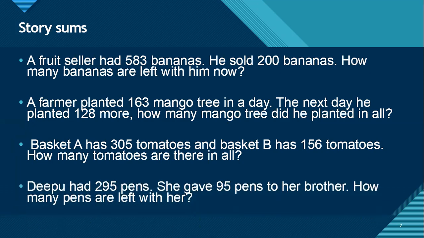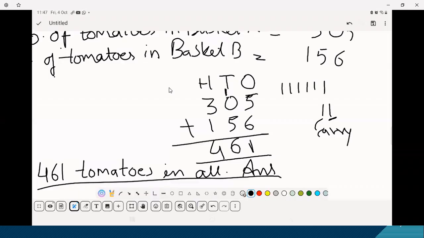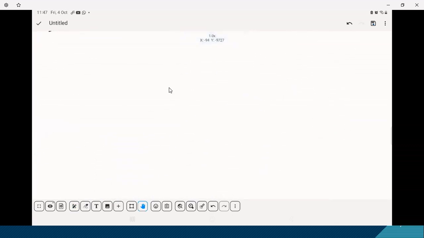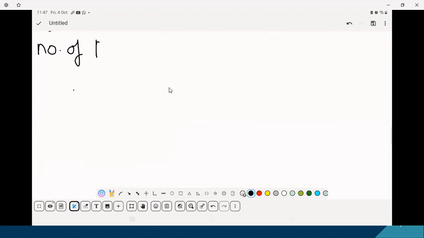Now, next question. Deepu had 295 pens. She gave 95 pens to her brother. How many pens are left with her? So let's see how to solve this on the whiteboard. Number of pens Deepu had.